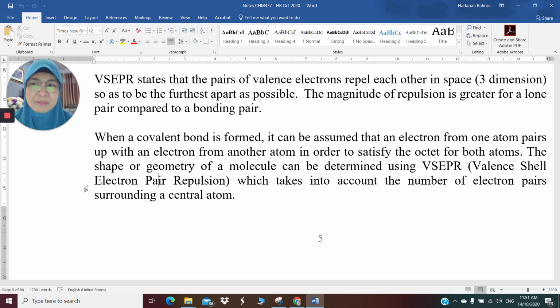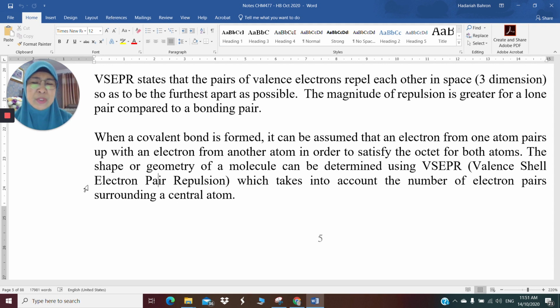And the magnitude of repulsion is greater for a lone pair compared to a bonding pair. I have also covered how to distinguish between lone pair and bonding pair in the last lecture.